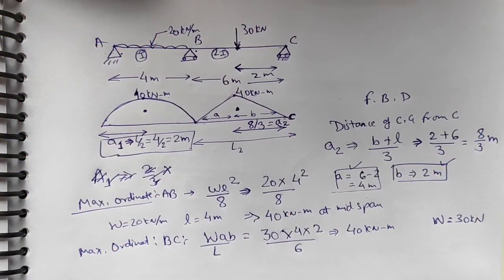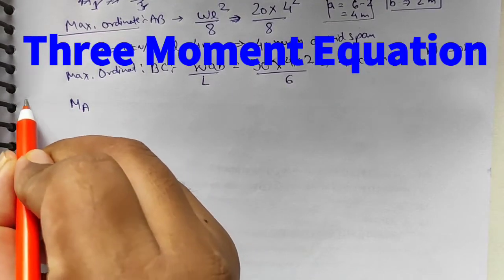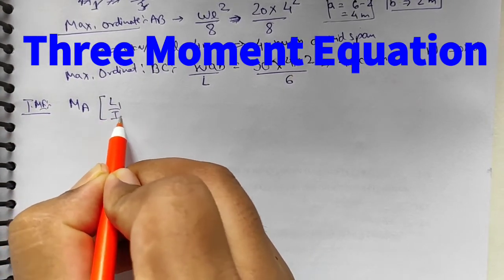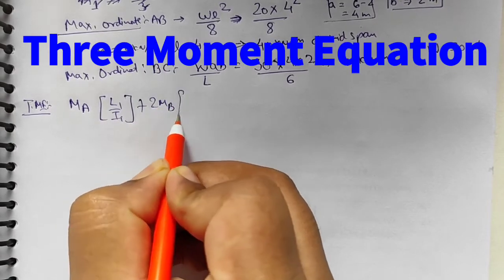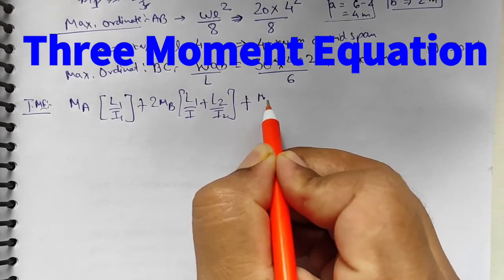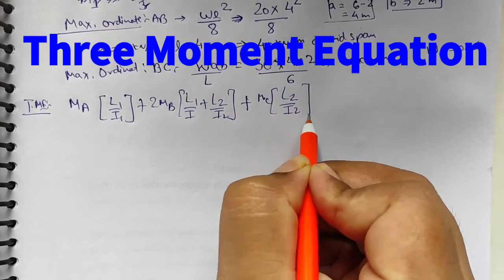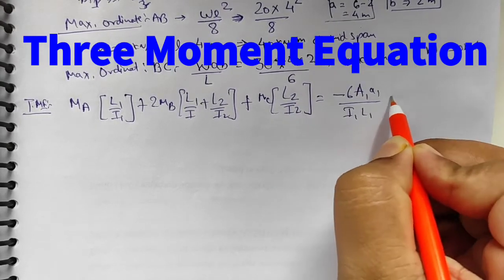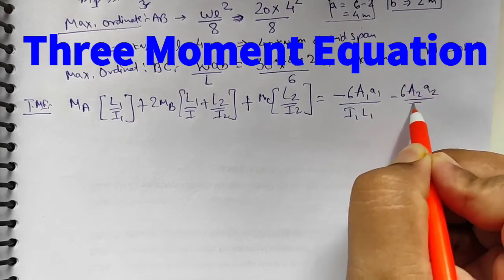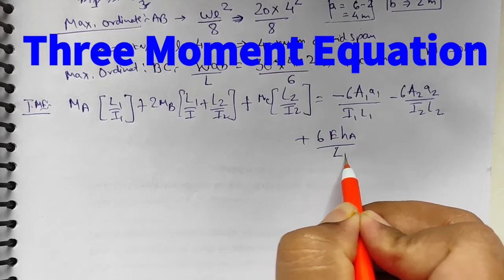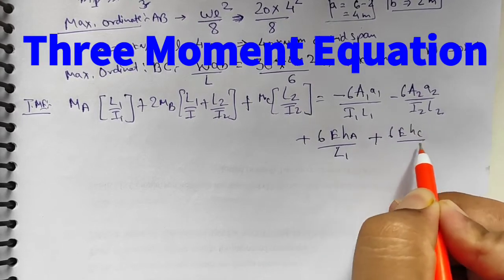Now I'll put all the values in the three moment equation. As I know, the three moment equation is MA L1 upon I1 plus 2 MB (L1 upon I1 plus L2 upon I2) plus MC L2 upon I2 is equal to minus 6 capital A1 small a1 upon I1 L1 minus 6 capital A2 small a2 upon I2 L2 plus 6 EHA upon L1 plus 6 EHC upon L2.